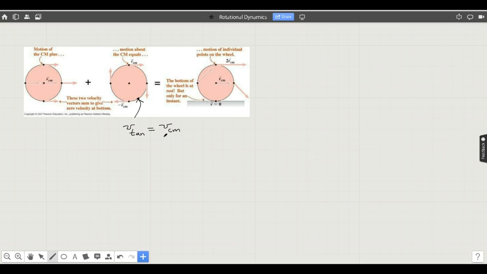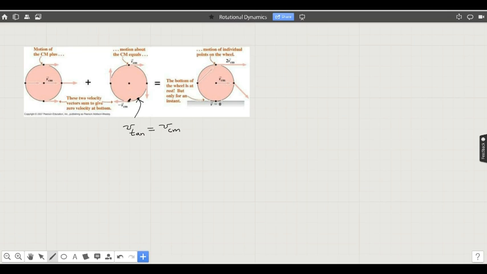Not the velocity of the center of mass, but the speeds will be the same, because the direction depends on where you are around the circumference of this object. So, as it rolls without slipping, you see on the bottom, this little molecule, or this bit right here, is moving backward due to the rotation, but because the motion of the center of mass is moving forward.